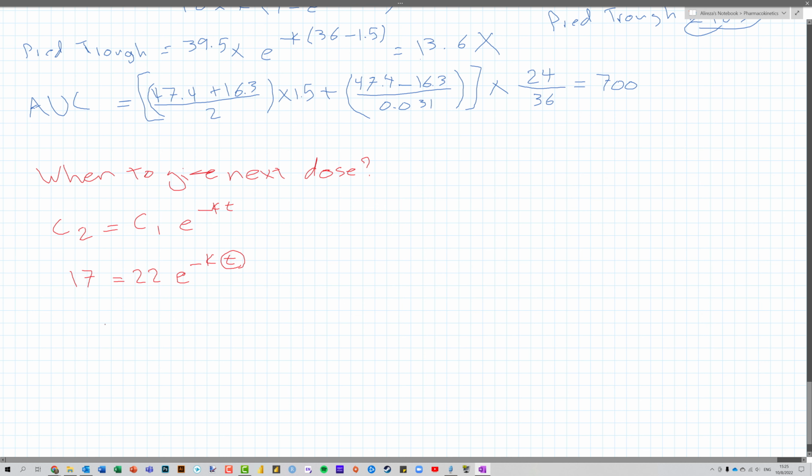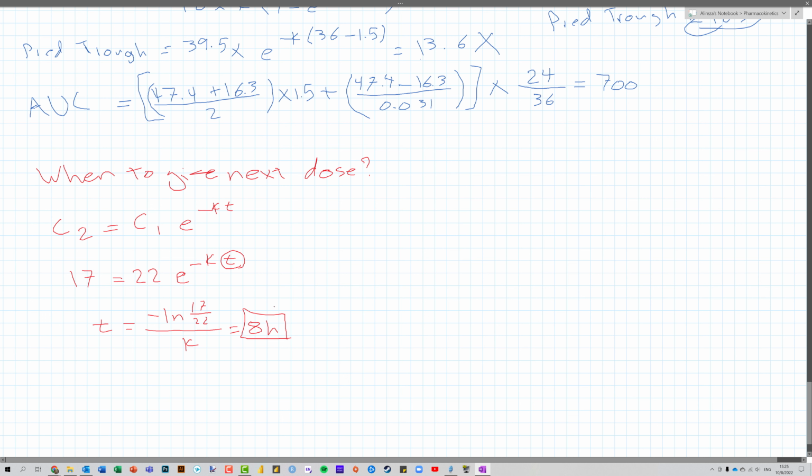And when you rearrange this, essentially you would say t equals negative ln of 17 over 22, divided by your k, which will give you 8 hours.